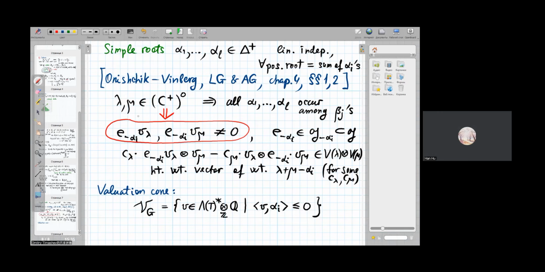Let me add that this should hold for any I ranging from 1 to L. These are the defining inequalities of the valuation cone, and we see that the valuation cone in this case is just the negative Weyl chamber in the dual space.